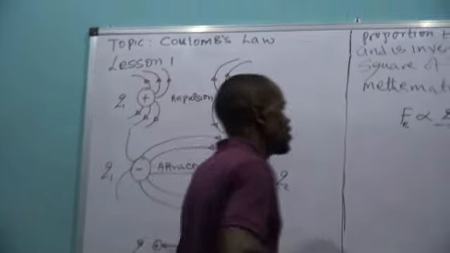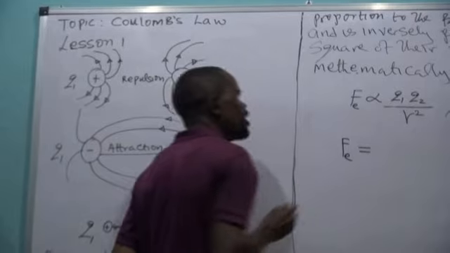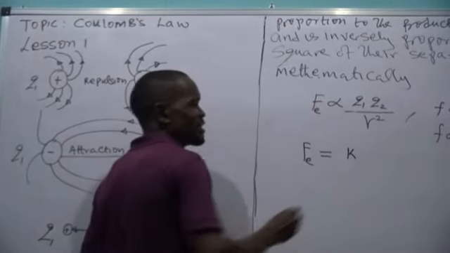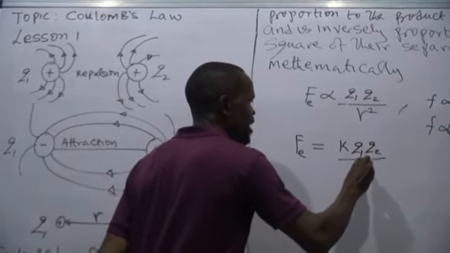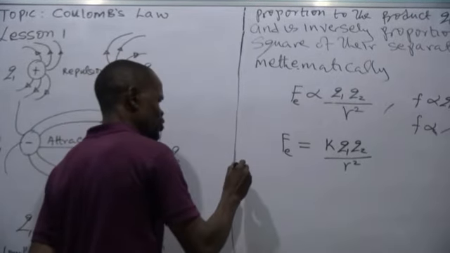Then now, we have Fe equals, for an equals sign to be applied, I have to apply a constant, which is called K, times Q1 and Q2, all over R squared. And this K is the constant of proportionality.